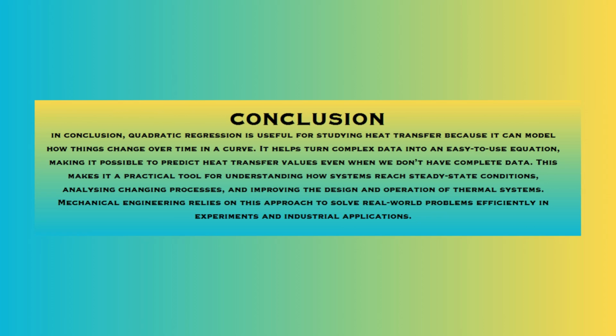This makes it a practical tool for understanding how systems reach steady state conditions, analyzing changing processes, and improving the design and operation of thermal systems. Mechanical engineering relies on this approach to solve real-world problems efficiently in experiments and industrial applications.